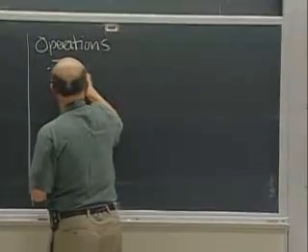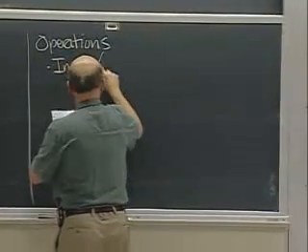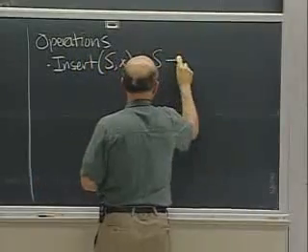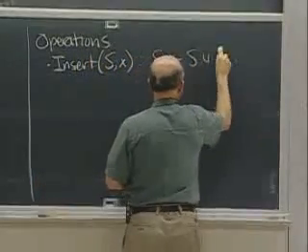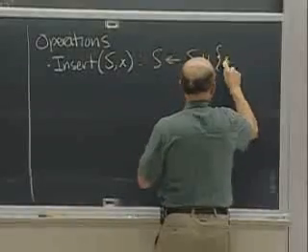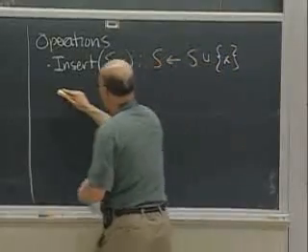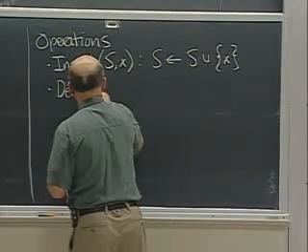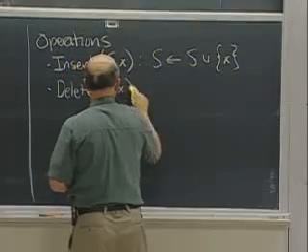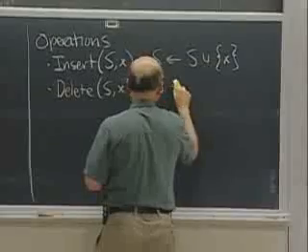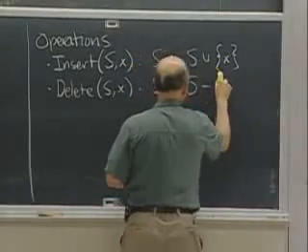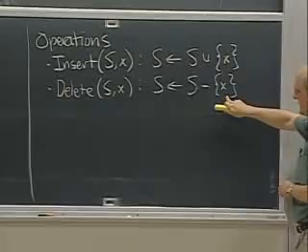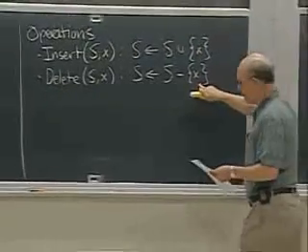So we want to be able to insert an item X into the table, which essentially means that we update the table by adding the element X. We want to be able to delete an item from the table, so removing the item X from the set.